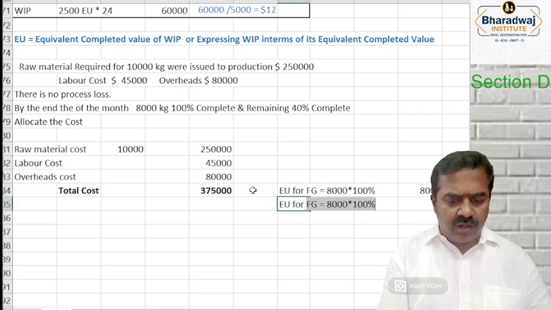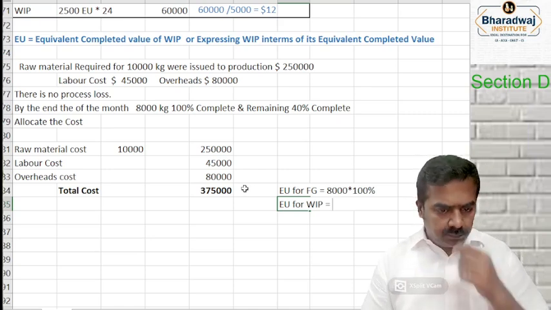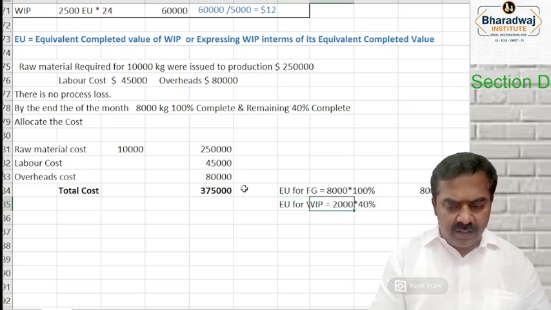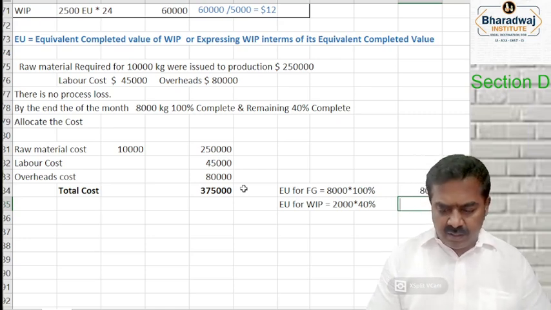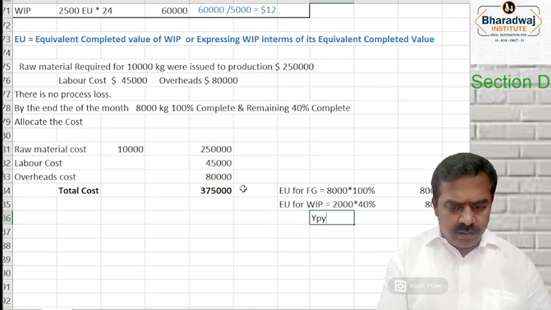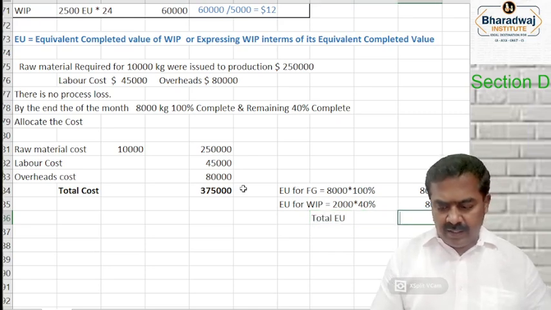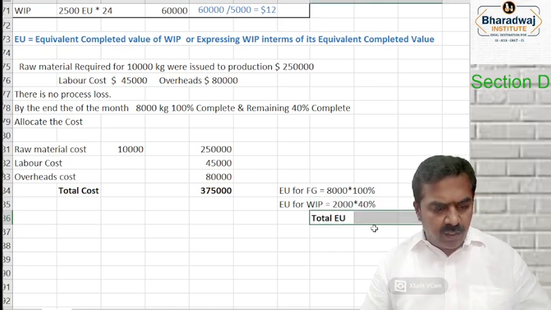Equivalent units for WIP inventory, how much? 2,000 kg into 40% complete. So that is the equivalent unit for incomplete units, 800 equivalent units. So total equivalent units, 8,800 equivalent units.